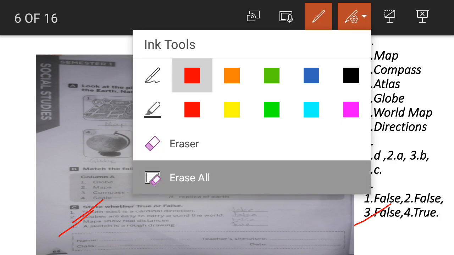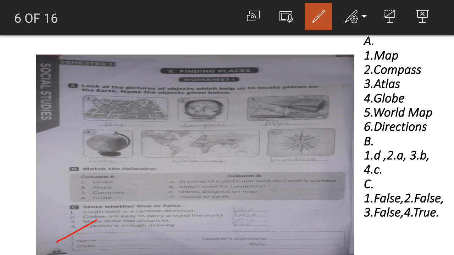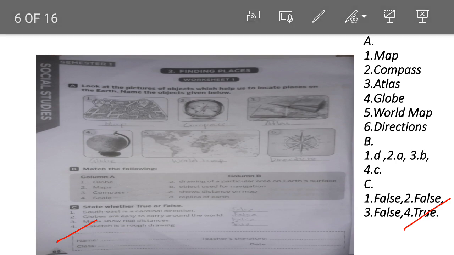Next, question number 4. A sketch is a rough drawing. The answer is true. Yes, a sketch is a rough drawing. If we want to show any directions, we can roughly draw a sketch and show the directions of a place. So the answer is true.